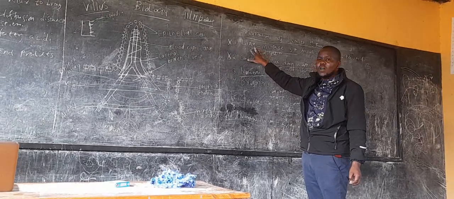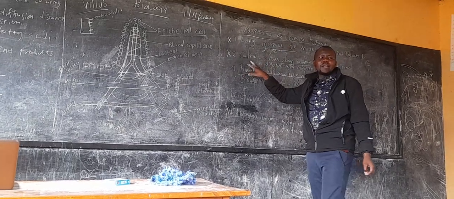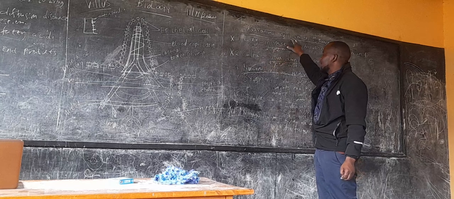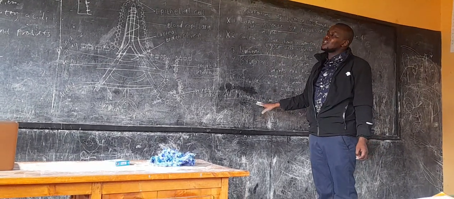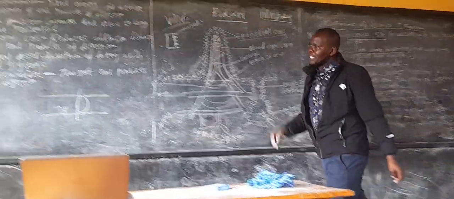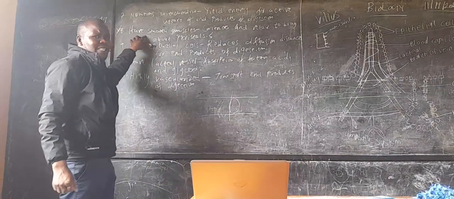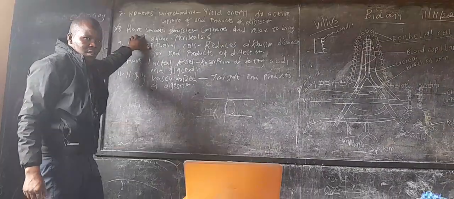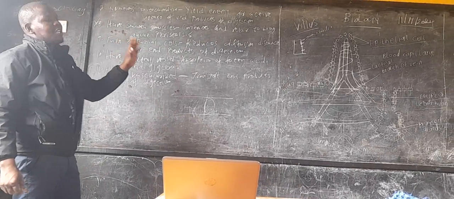This one is an adaptation of the ileum. We have coiled; it's not an adaptation of a villus, it's an adaptation of the ileum. Then we have narrow lumen, still not an adaptation of a villus but of the ileum. Smooth muscle is not part of the villus either; it's part of the ileum.